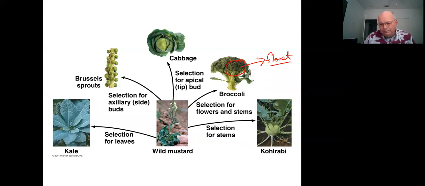And then you've got bok choy or Chinese cabbage, and a couple of other members of the cruciferous vegetable group, all derived from the wild mustard by selective breeding in different locations around Europe and Asia where this little wild mustard grows. So this is a really great example of artificial breeding or artificial selection.